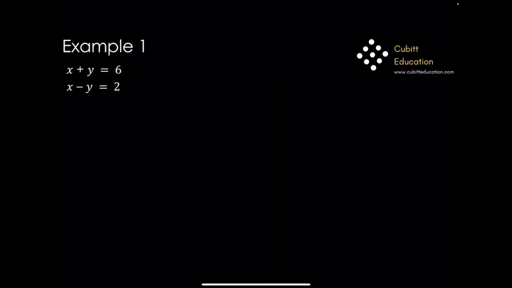So let's have a look at this first example. This is a nice example. x plus y equals 6 and x minus y equals 2. So what we have to do is either add or subtract these equations from each other in order to eliminate one.